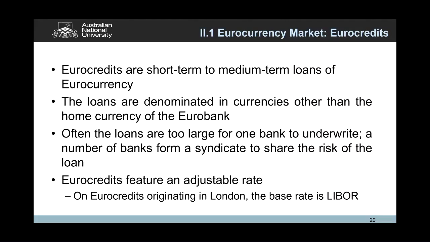The loans are denominated in currencies other than the home currency of the Euro bank. The loans are often too large for one bank to underwrite, so a number of banks would form a syndicate to share the risk of the loan. So that also shares the credit risk of the loan, plus liquidity risk.